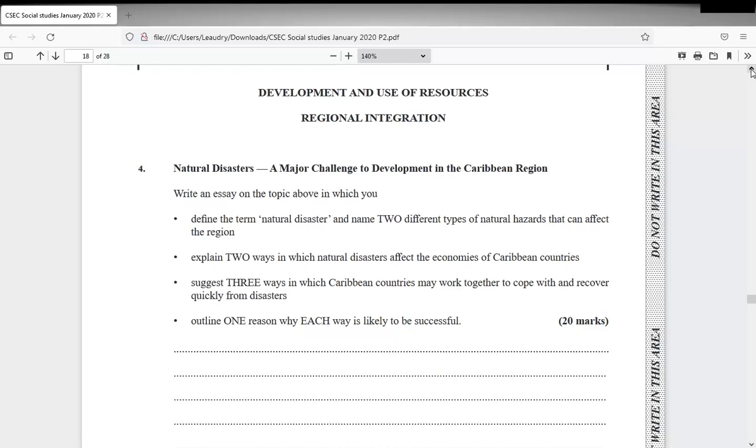The next part says, suggest 3 ways in which Caribbean countries may work together to cope with and recover quickly from disasters. Well, one way is that Caribbean countries can donate relief support or packages that would involve food supplies and other equipment to countries that are affected.